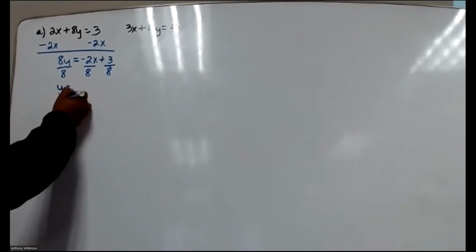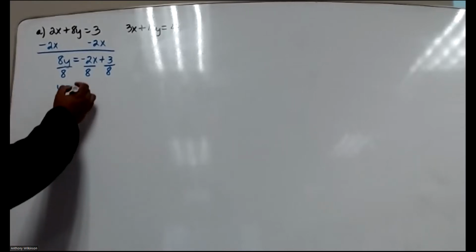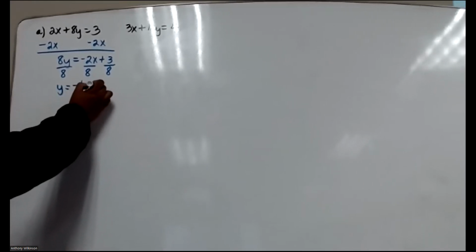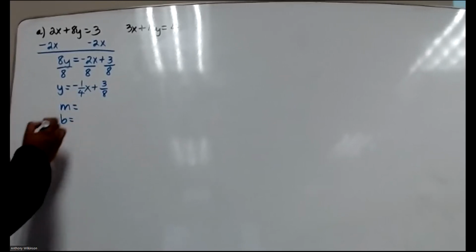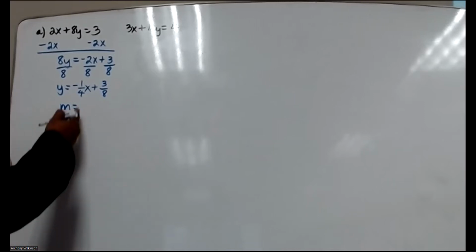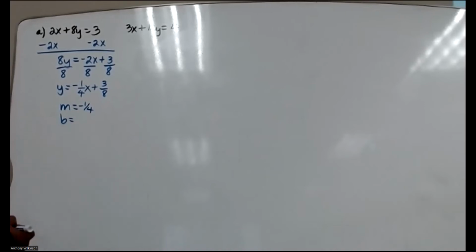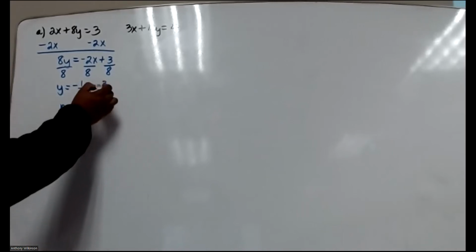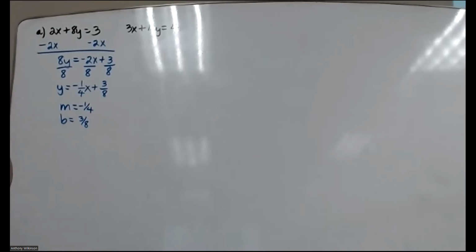So y is equal to negative 2/8, in simplest form would be what? 1/4. So this is negative 1/4 x plus 3/8. So I need to identify the slope and the y-intercept here. The slope is the coefficient of x, that's -1/4. The y-intercept is that constant right behind it, 3/8.